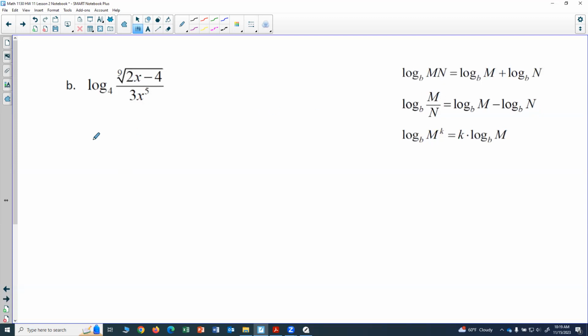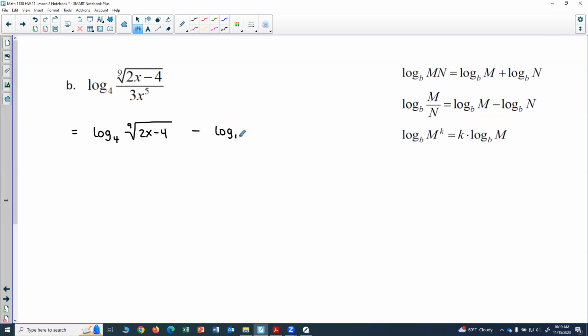So I'm going to use that one first, and I would go ahead and split this into log base 4 of the 9th root of 2x minus 4 minus log base 4.